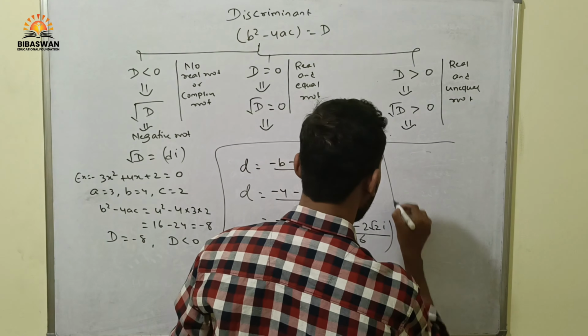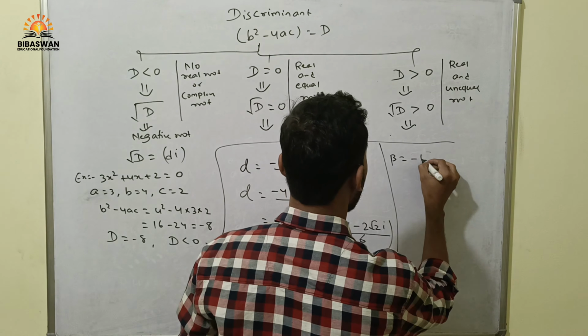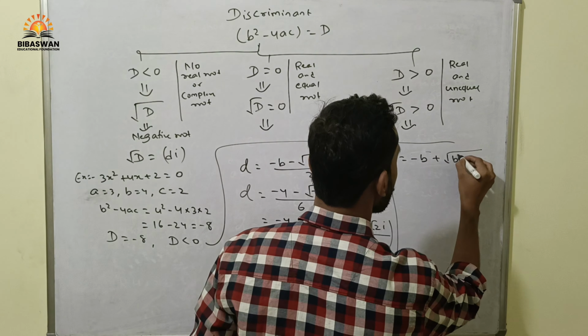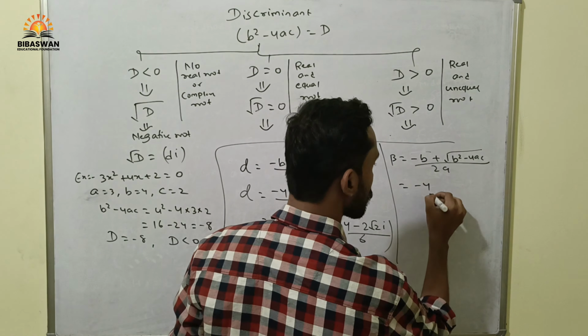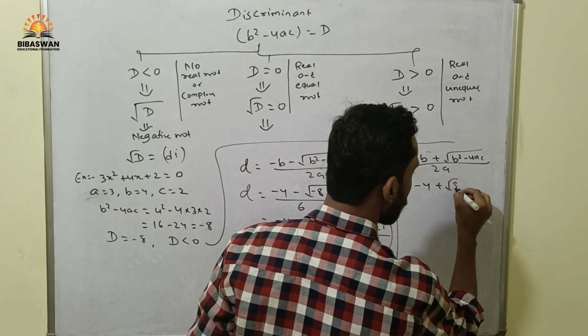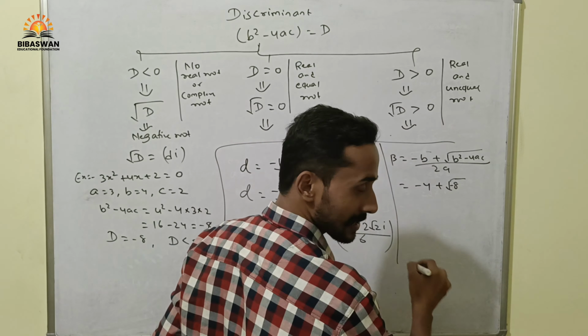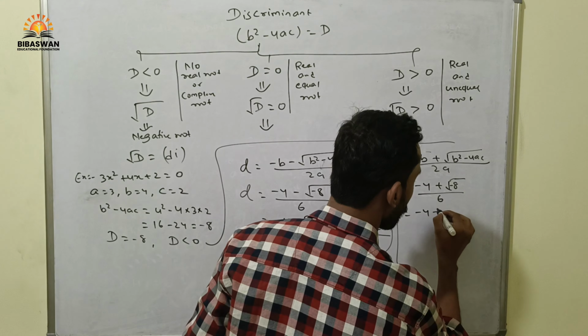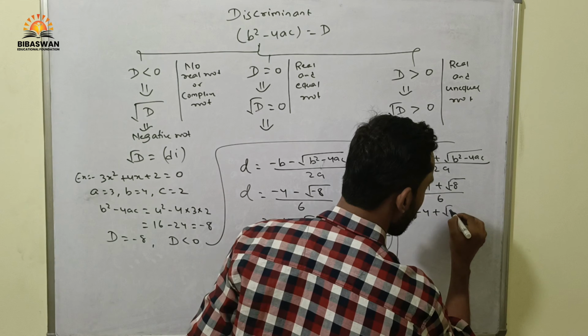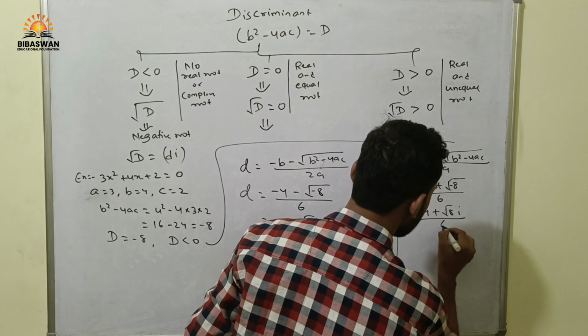Now what is beta? Minus b plus root over b square minus 4ac by 2a, then minus 4 plus root over minus 8 by 6. So minus 4 plus root over 8 iota by 6.